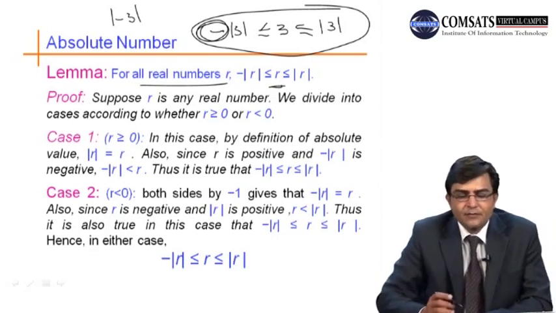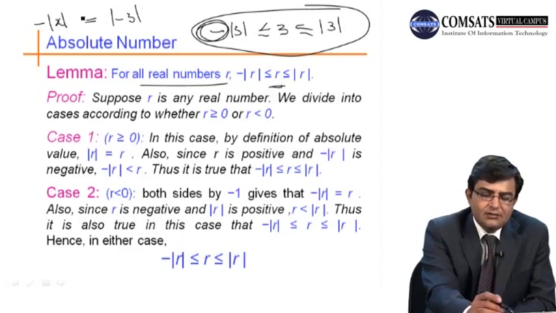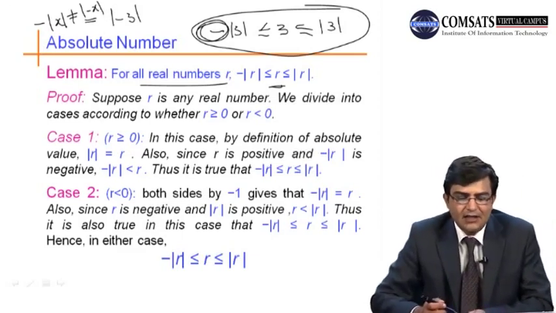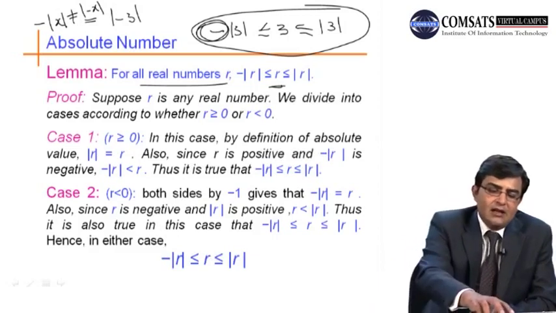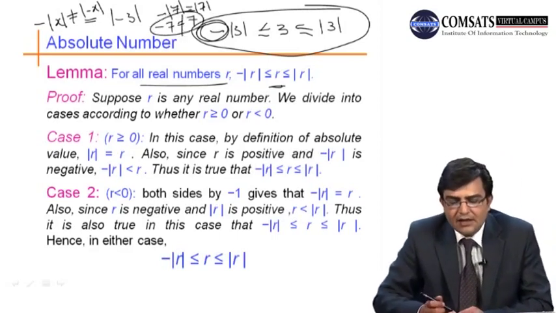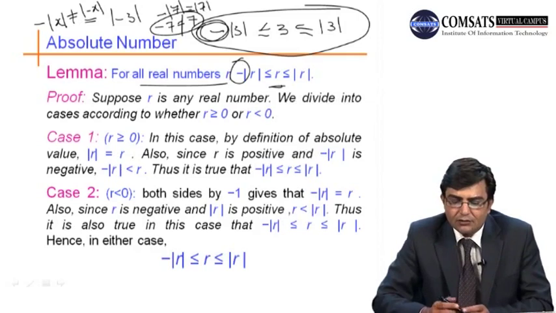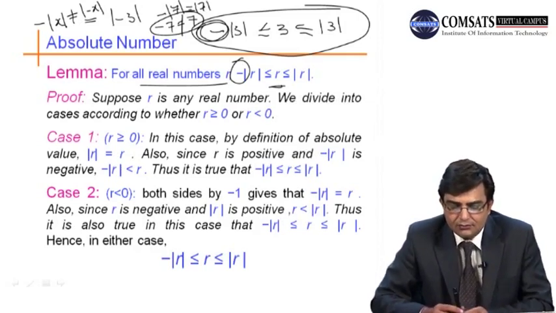So this is a different thing, because minus of the absolute value of any number is not equal to the absolute value of minus of that number. This is not necessarily equal, because you would be saying that minus of the absolute value of 7 is equal to the absolute value of 7. So this is minus 7 and this is 7, and you cannot say minus 7 is equal to 7. So remember that this negative sign is outside the absolute value.